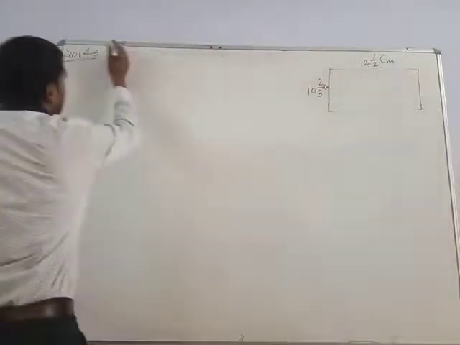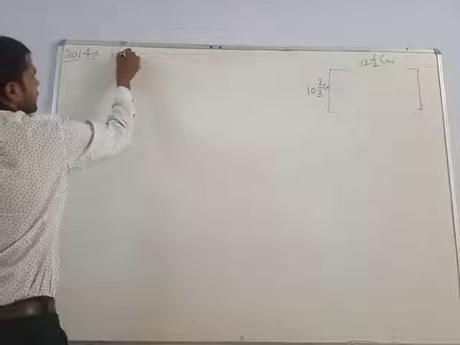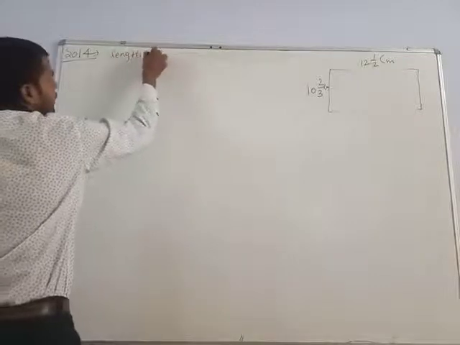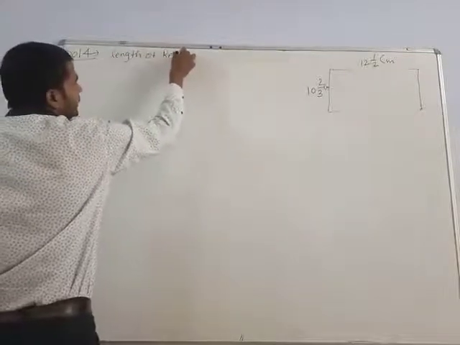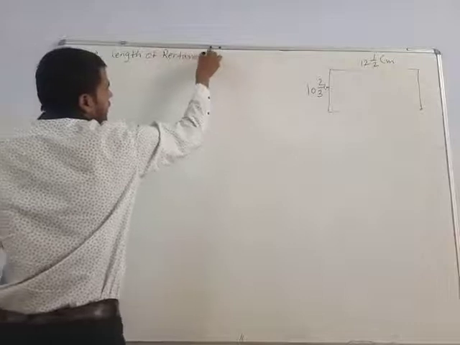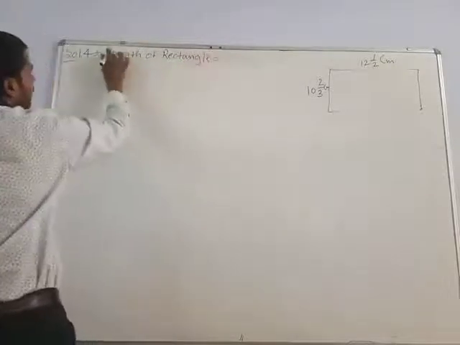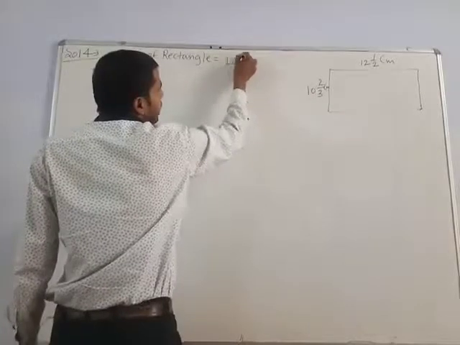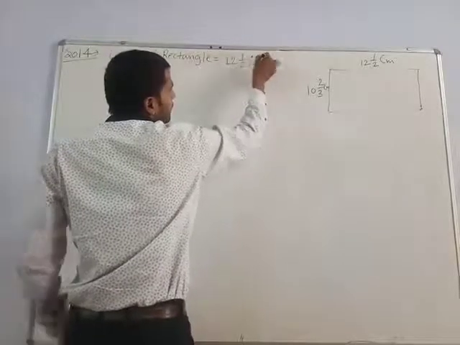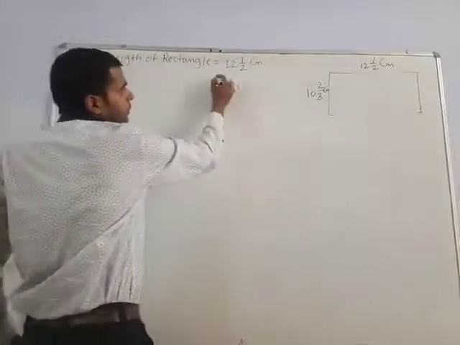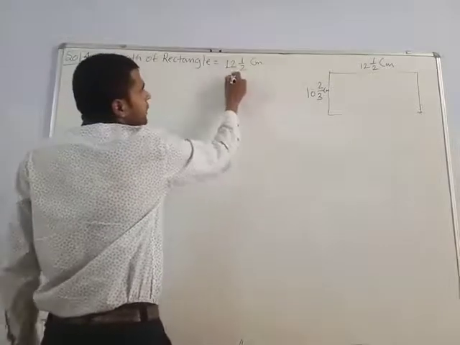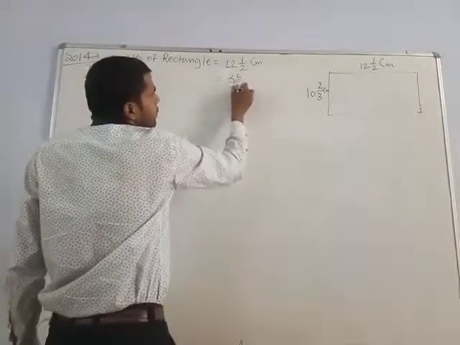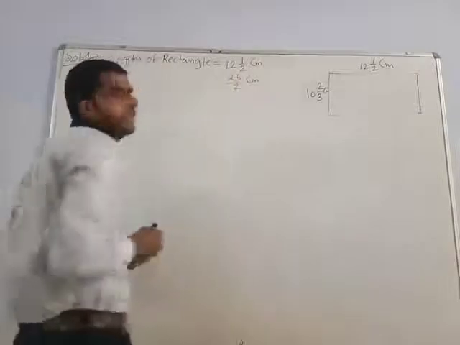So the length of the rectangle is 12 1 upon 2 centimeter. 12 into 2 is 24, 24 plus 1 is 25 upon 2 centimeter.